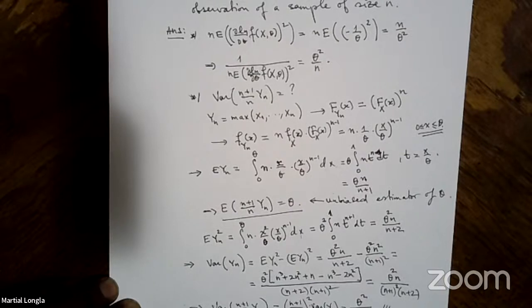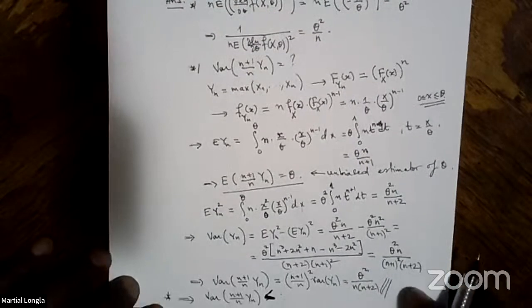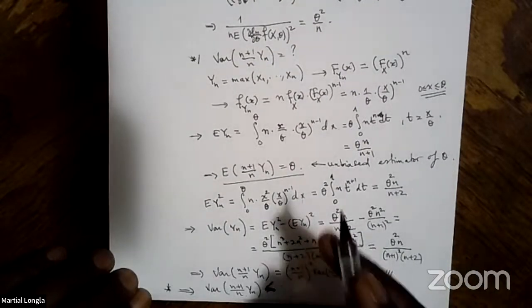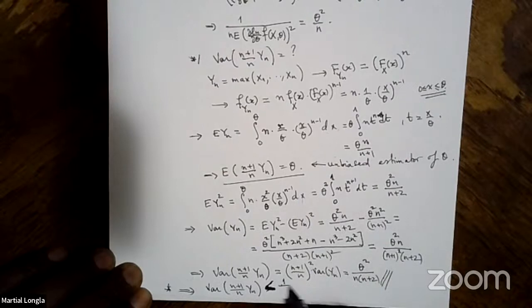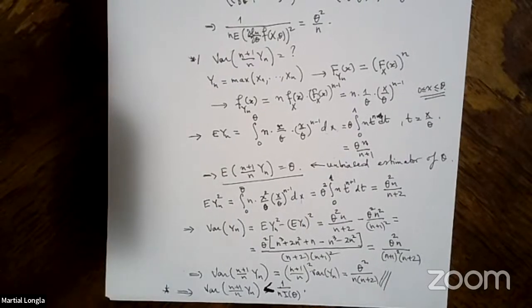Can you raise up the paper? This variance is strictly less than 1 over n I of theta. What does it mean? Does it make sense?